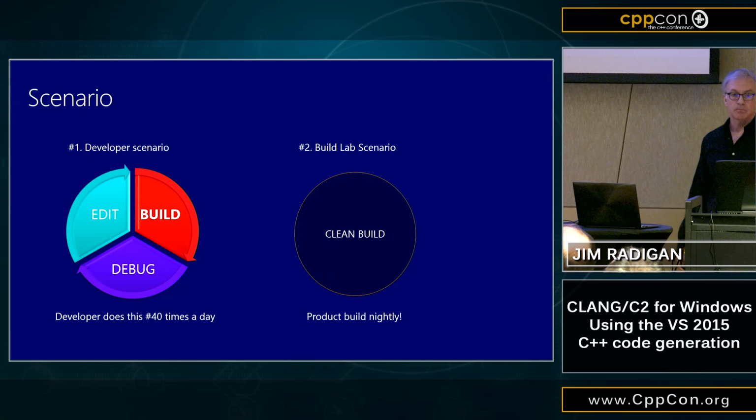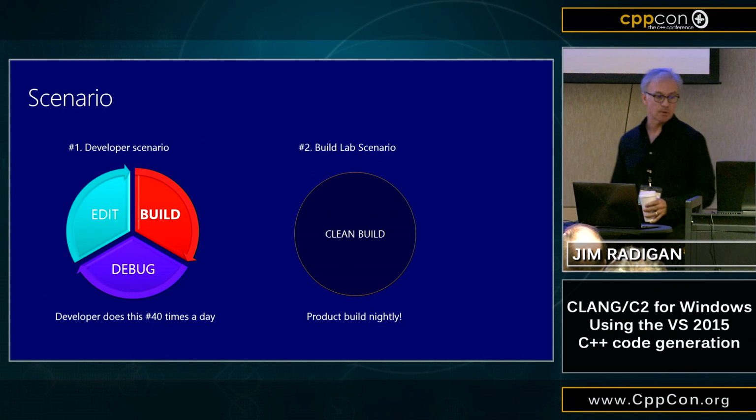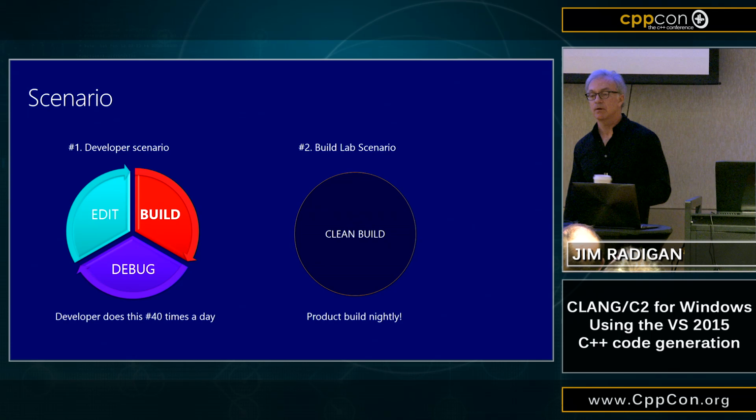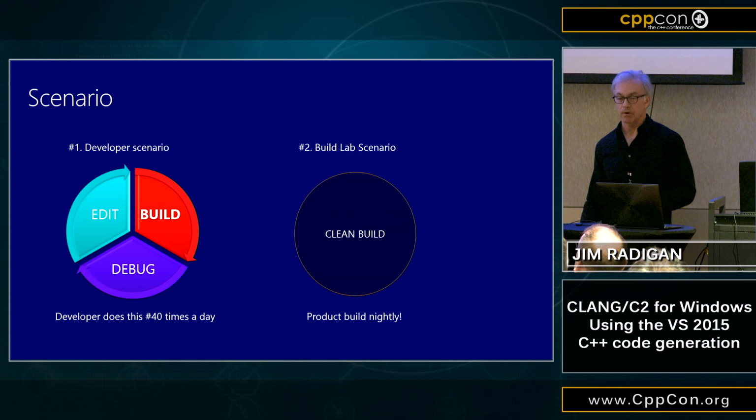So moving right along to build times, we actually took on the developer scenario at great length. But there are two scenarios that I want to point out. One is the developer scenario, where you're incrementally building, which is really important if you're a game developer. The other one is the build lab scenario, where you're going to build Windows every night, top to bottom.